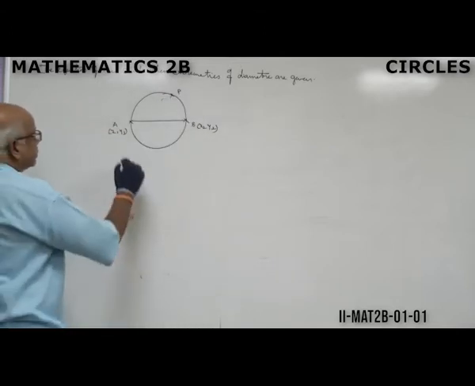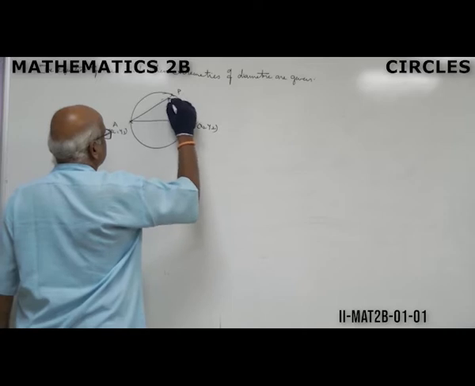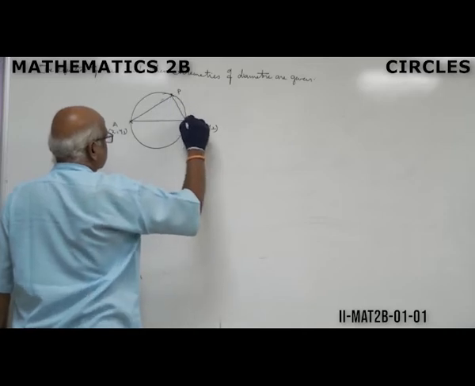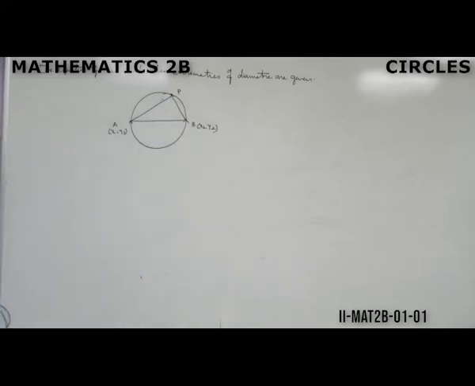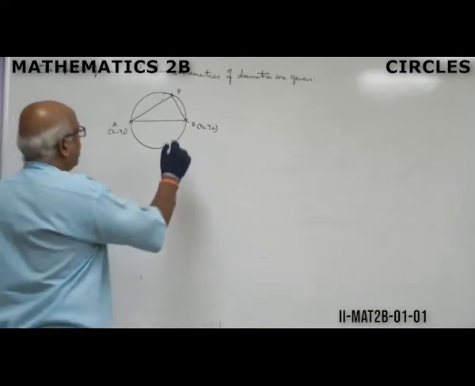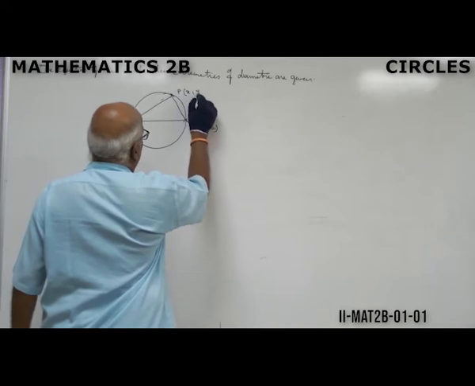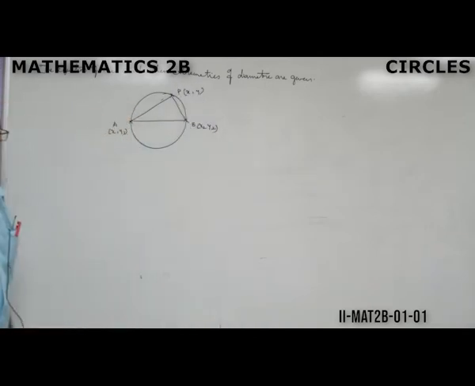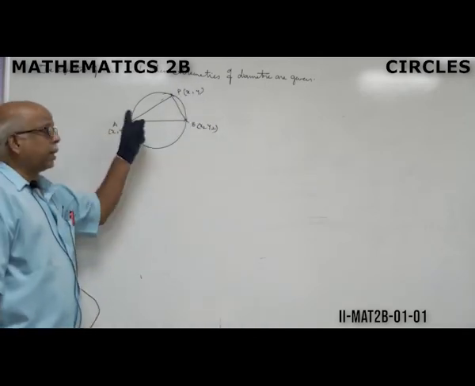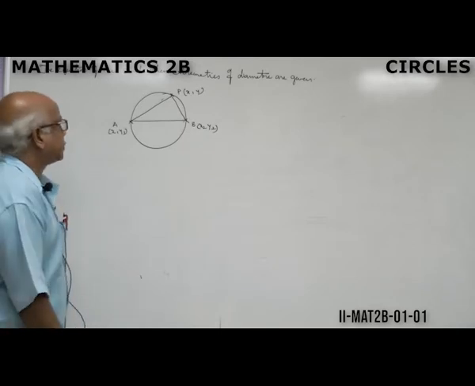A (x1, y1), B (x2, y2) and P, whose coordinates are (x, y). Then how to find out the circle equation?